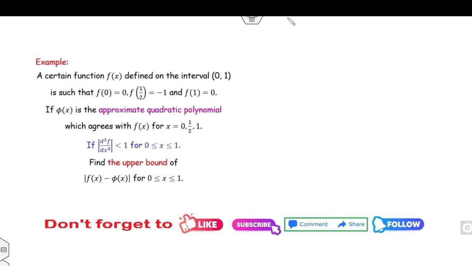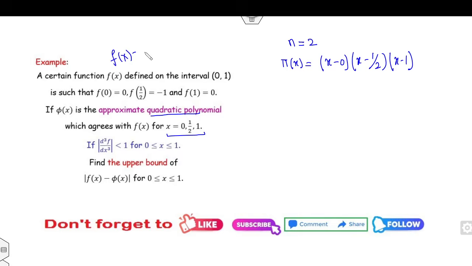Look at this another case. A function is defined on 0 to 1 which is approximated by the quadratic function. The points are given to you. N is 2. Can you define the pi function? X minus 0, x minus half, x minus 1. Again, you can see in this example, f x is unknown.